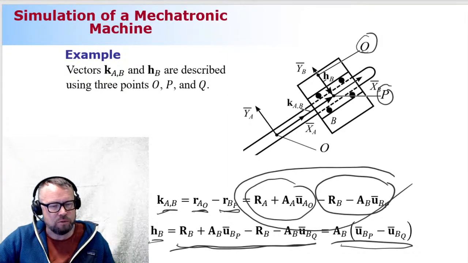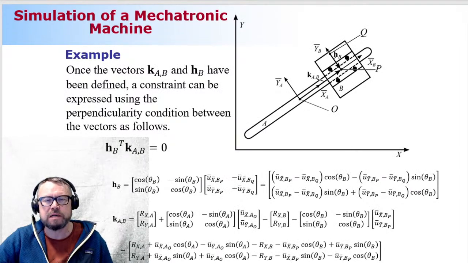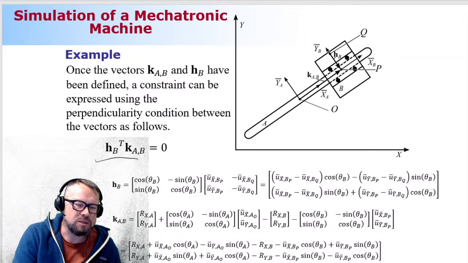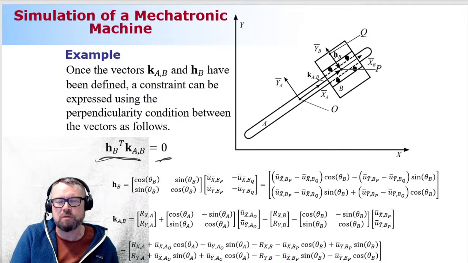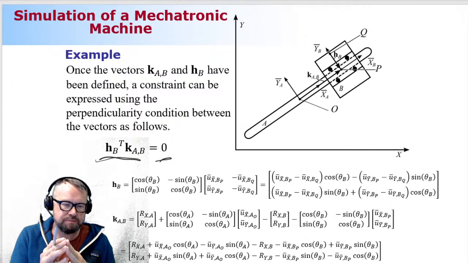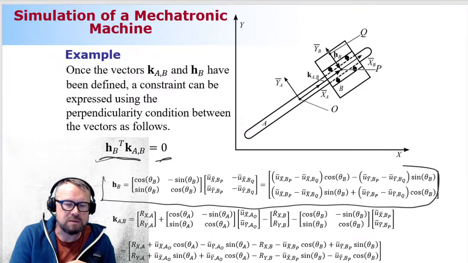Now you have these 2 vectors, and once you have these 2 vectors, then you're setting this perpendicular condition. A perpendicular condition is that you multiply, or you take a dot product of these 2 vectors, and the dot product of these 2 vectors has to be equal to 0. That's the mathematical definition of perpendicular condition. All right. So now what I'm doing here is that I'm expressing these vectors in detail, like shown here.